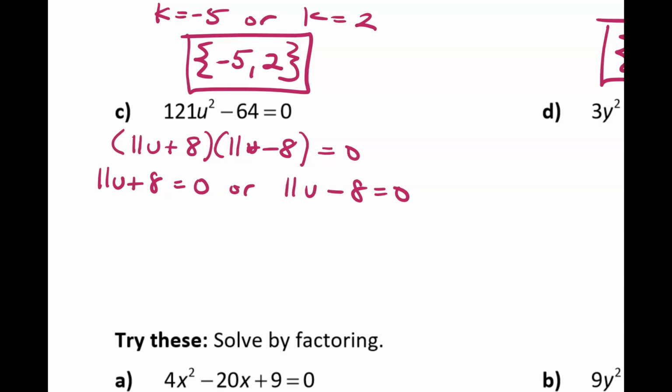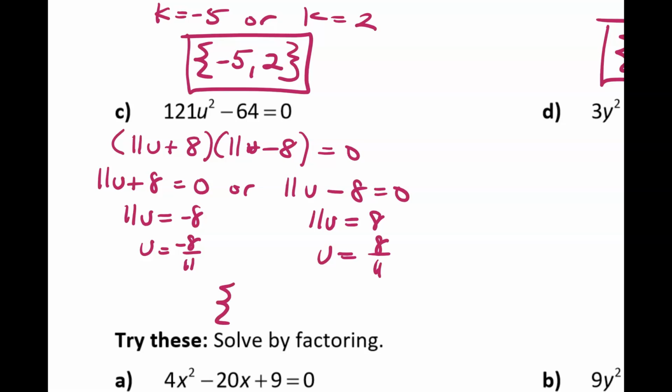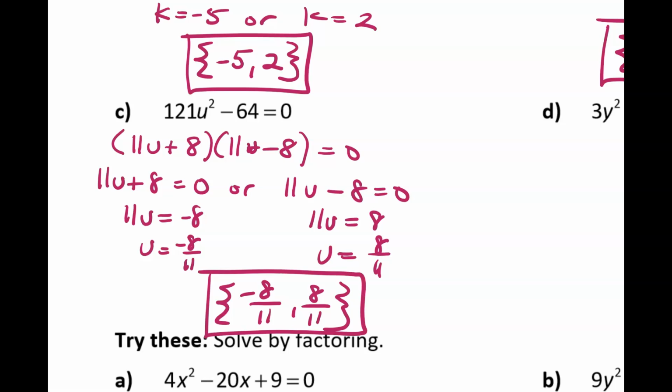Let's solve the first equation, subtracting 8 and dividing by 11, and then solving the second equation, adding 8 and then dividing by 11. It looks like our solution set consists of two opposite solutions, negative and positive 8/11.